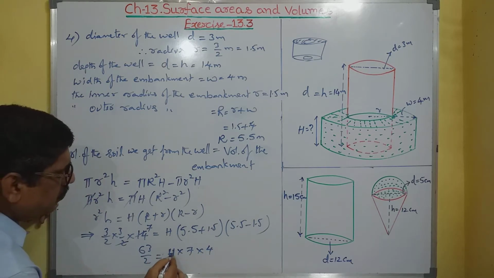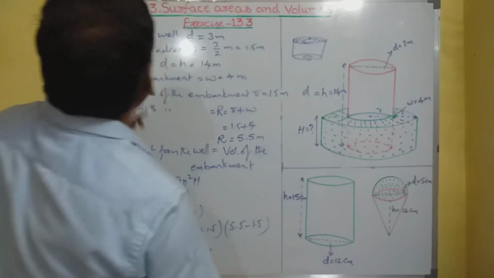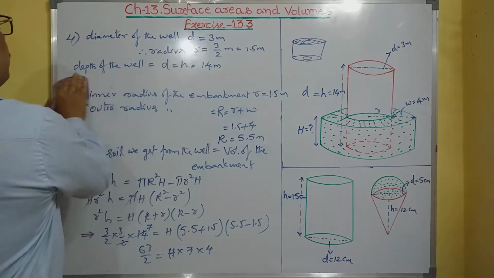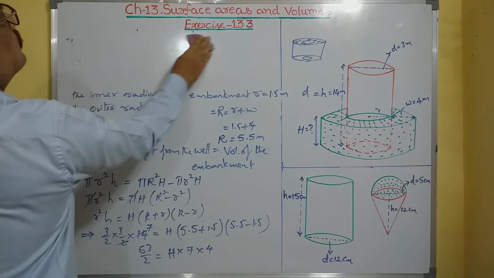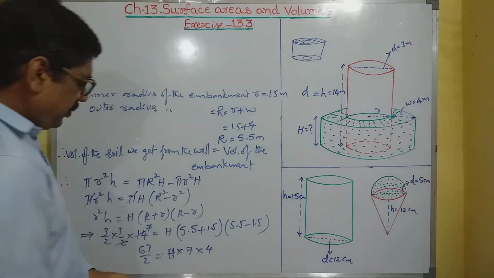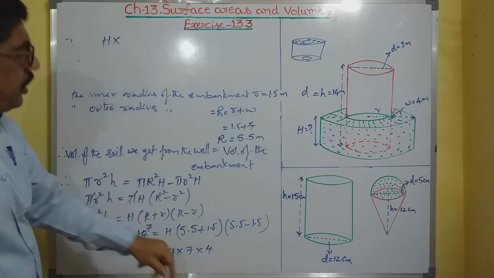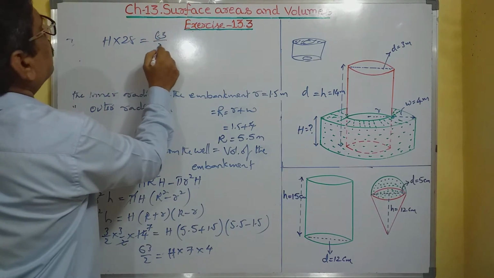Now we need to find out the capital H value from this. So can I erase these first 4 steps? So let me continue this. Here H into 7 into 4, 28 is equal to 63 by 2.